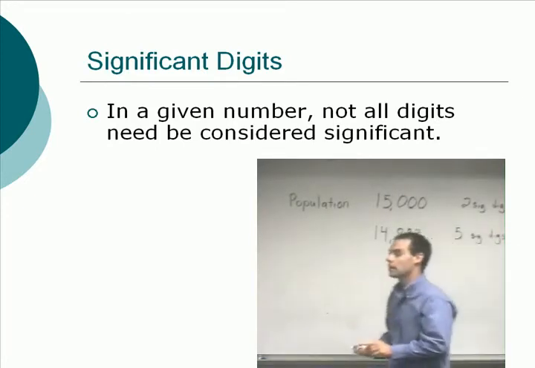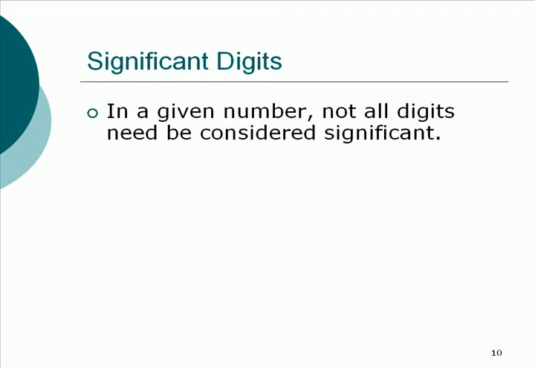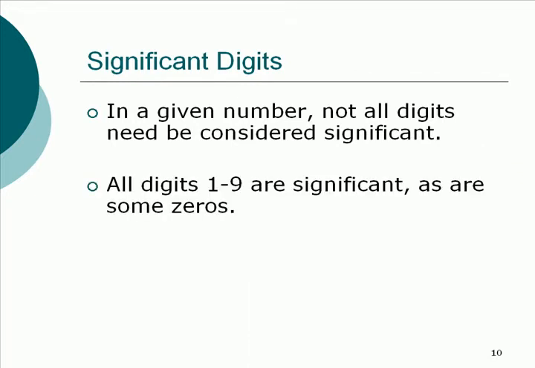So what exactly determines whether a number is significant? Well, first of all, digits 1 through 9 are significant. And some zeros are, but not all. So that's why this number automatically has 5 significant digits. All the digits 1 through 9 are automatically significant.